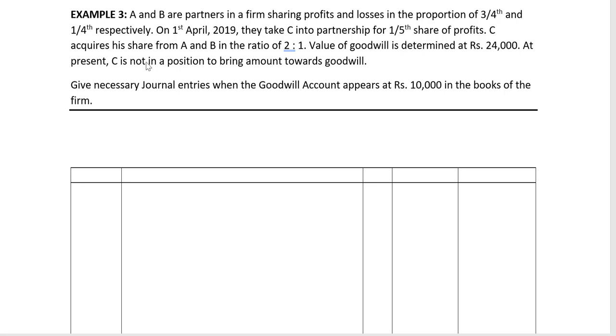C acquires a share from A and B in the ratio of 2:1. Value of goodwill is determined at rupees 24,000. At present, C is not in a position to bring amount towards goodwill. Give necessary journal entries when the goodwill account appears at rupees 10,000 in the books of the firm.